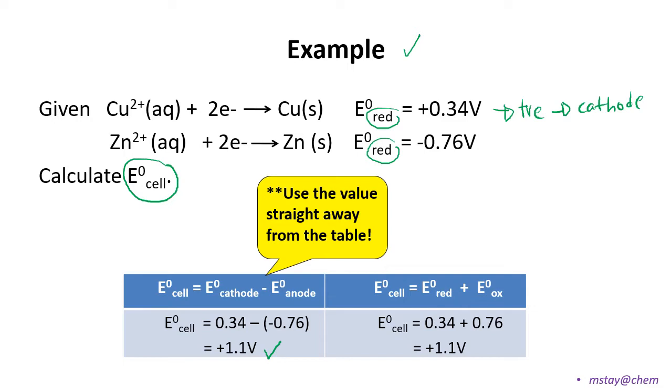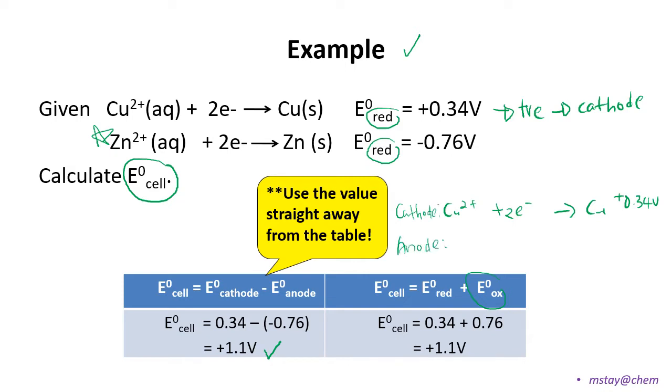Okay, how about if you use the formula E naught cell equals E naught reduction plus E naught oxidation? As we know, reduction means Cu2 plus gains 2 electrons and produces Cu. This one is maintained, so it will be 0.34 volt. For the oxidation, it is the half cell of zinc. In this case, the zinc needs to undergo oxidation because it is the anode.